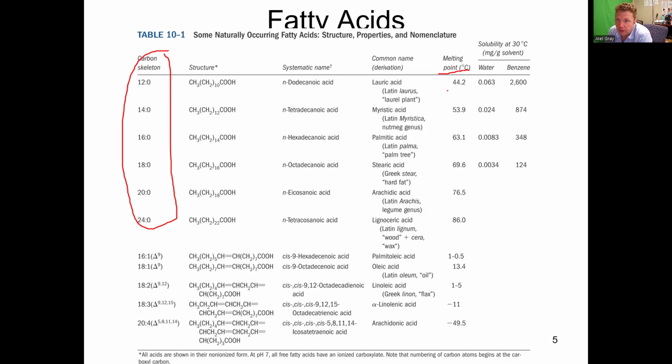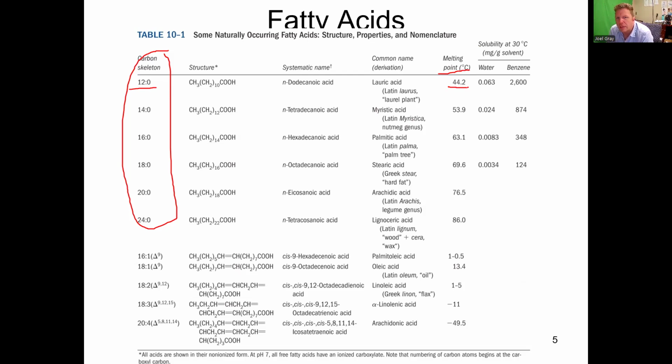Melting points of these fatty acids. Well, the 12 carbon long saturated fatty acid melts at 44.2 degrees Celsius. So let's see, if it's like 98 degrees outside, that's Fahrenheit, we're looking at like 39 degrees Celsius, I think.